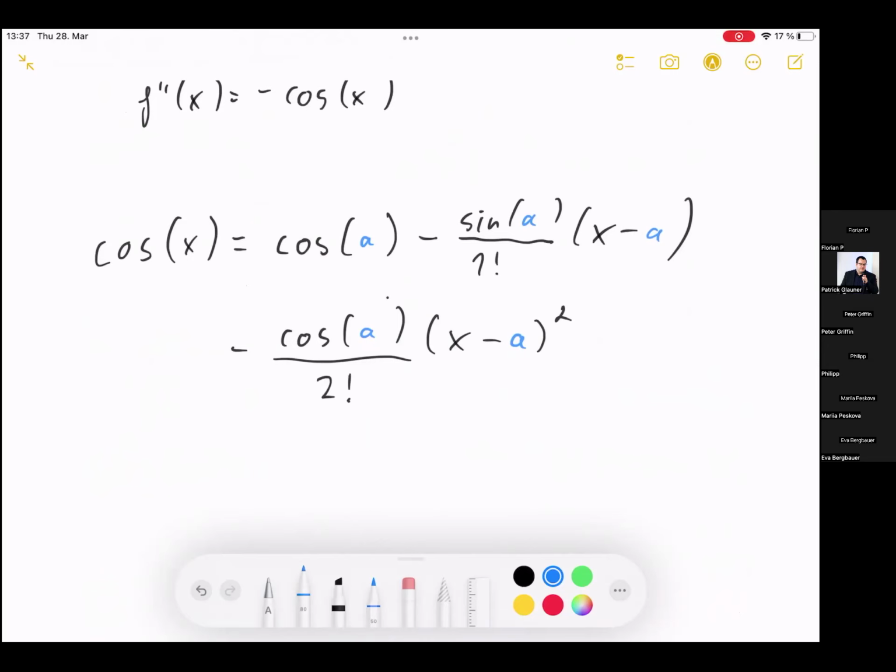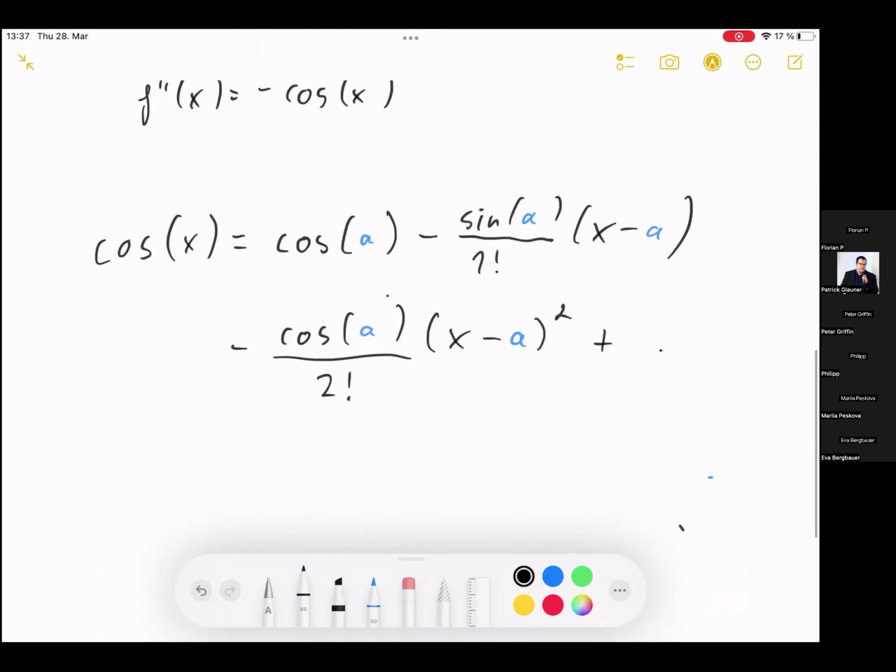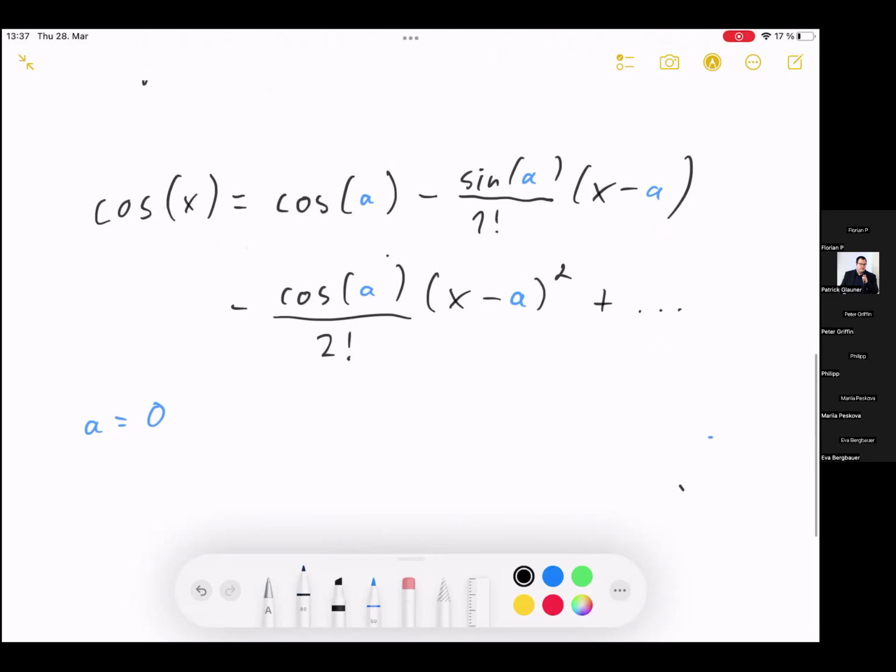So I write plus dot, dot, dot, because we can do this with infinitely many steps. And now I want to put a equals 0. So I put a 0 wherever I had my a, and we'll write this out again.